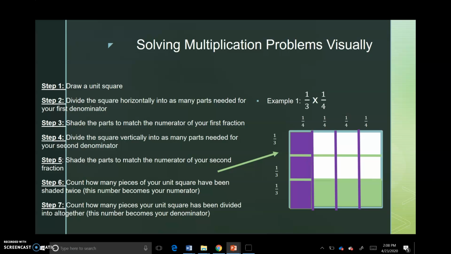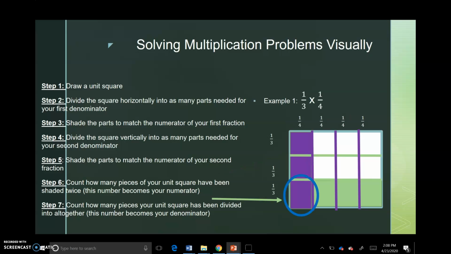At this point, you'll see that I have some shaded purple and some shaded green. I have 1/3 shaded green and 1/4 shaded purple. And I know it's hard to see on this picture, but there is one box that has been colored both green and purple. And I apologize that you can't really see the green.